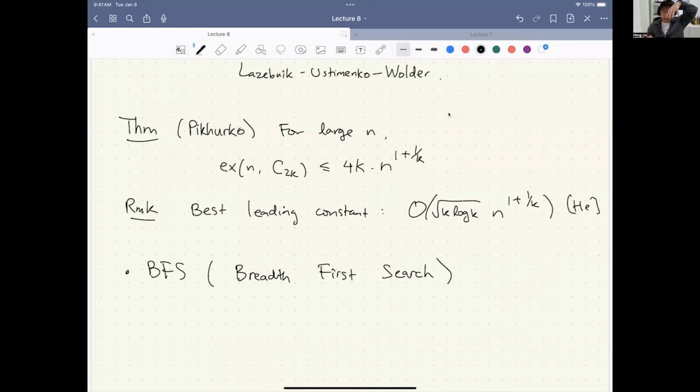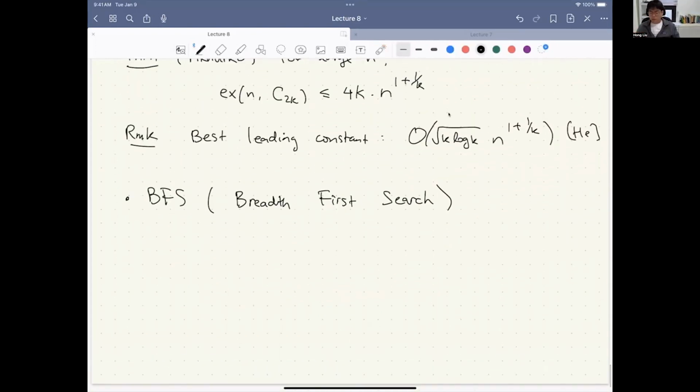And this exploring algorithm will prioritize breadth. What does it mean? I will just do it from an example.